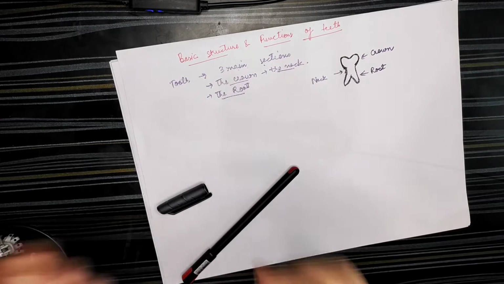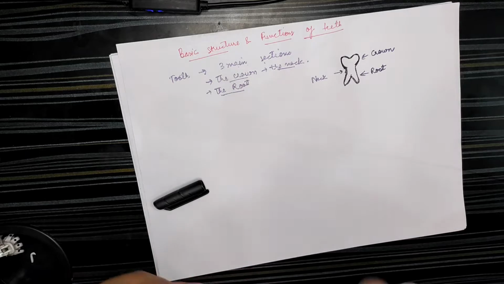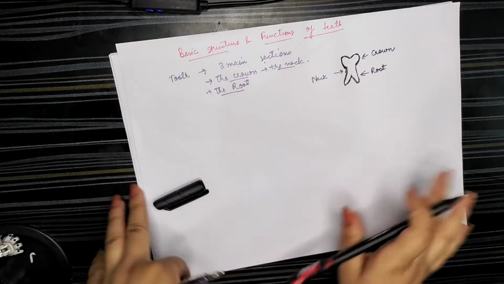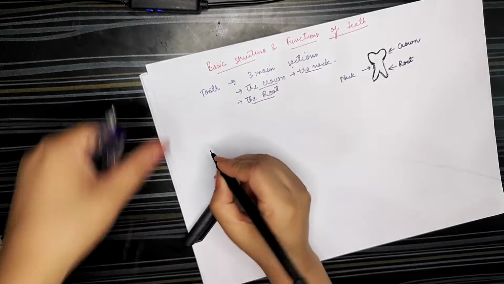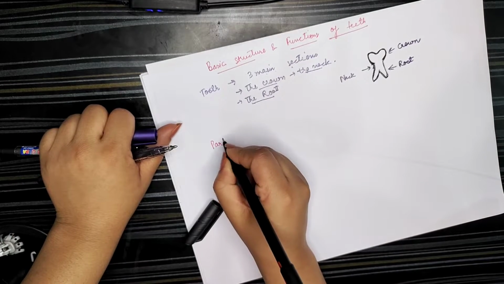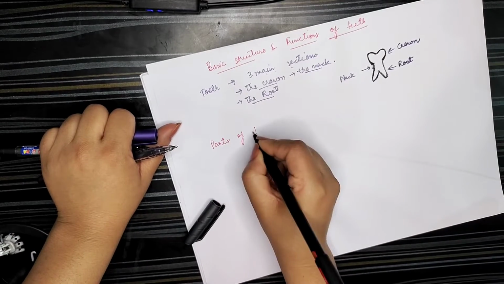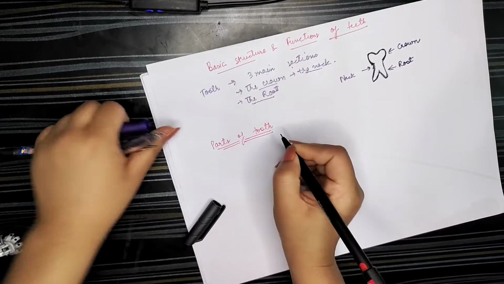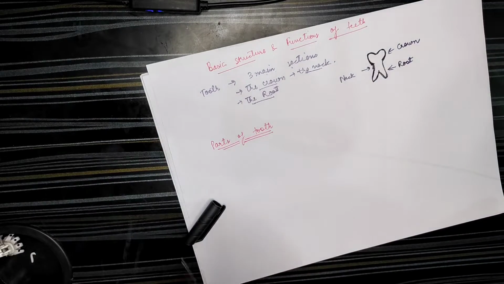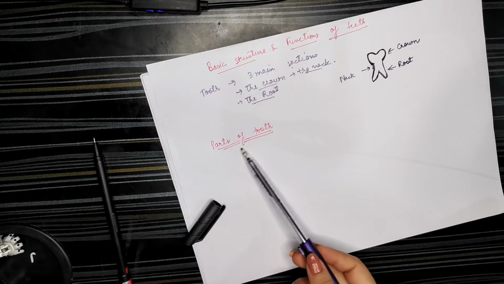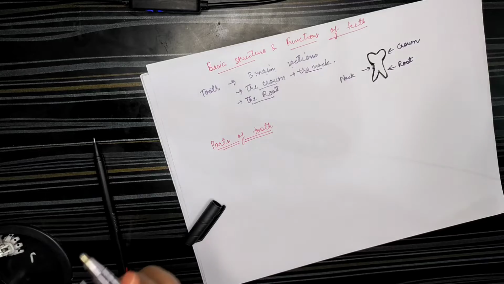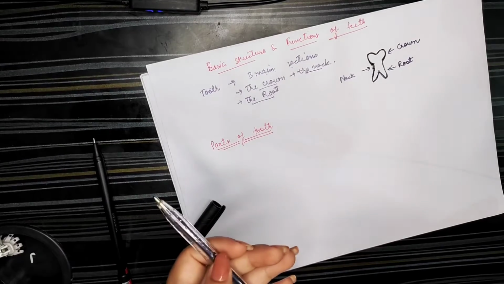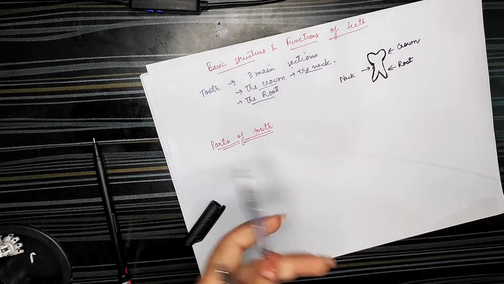So first of all, we need to know the parts of tooth. What are the various parts of tooth? I am going to represent these parts of tooth diagrammatically. So let me draw the diagram first for you.